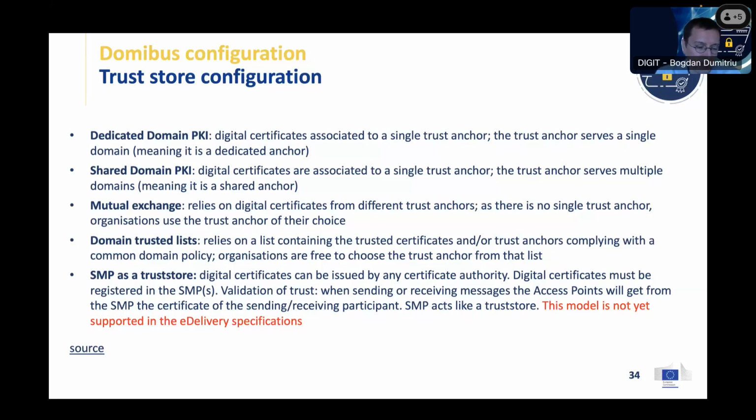And then coming back to what Cosmin was saying, but bringing it now to this example, of course, we realize that we already have the SMP, which may be a central component, or there may be multiple SMPs in a network. And then if we have the SMP, we may as well allow a domain also in a formal sense, because in a non-formal sense, I would say this is already possible, to act itself as a trust store.